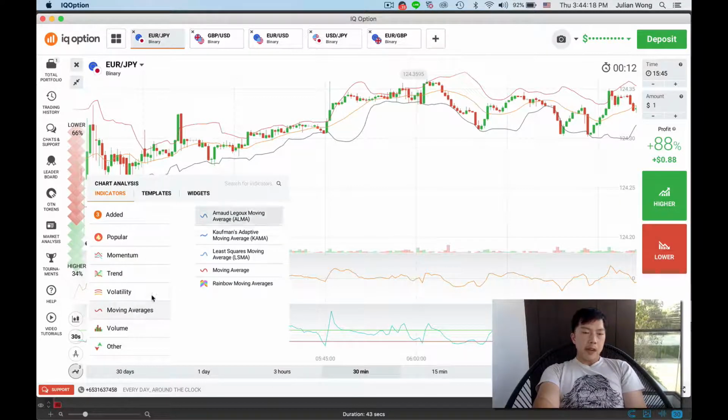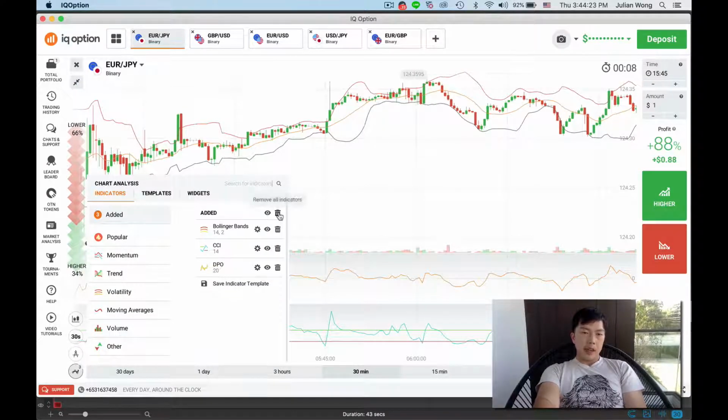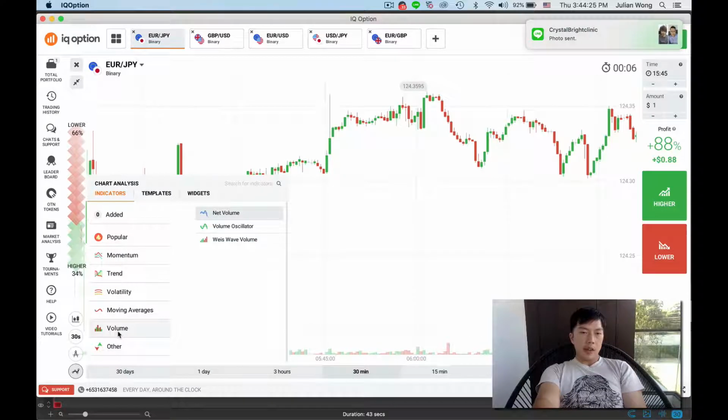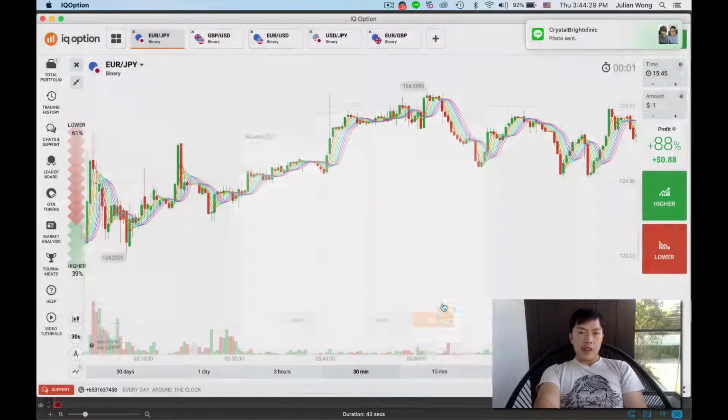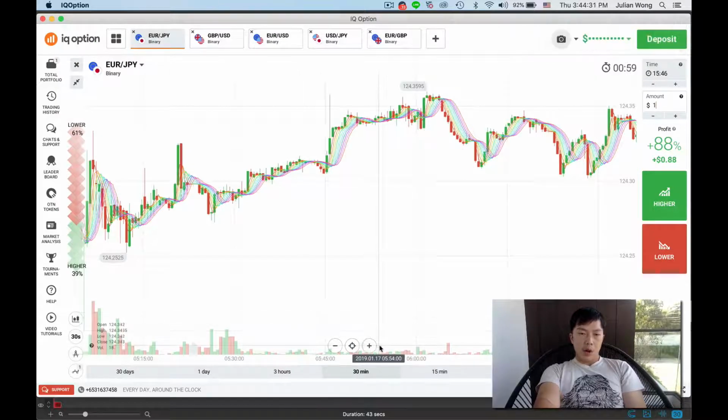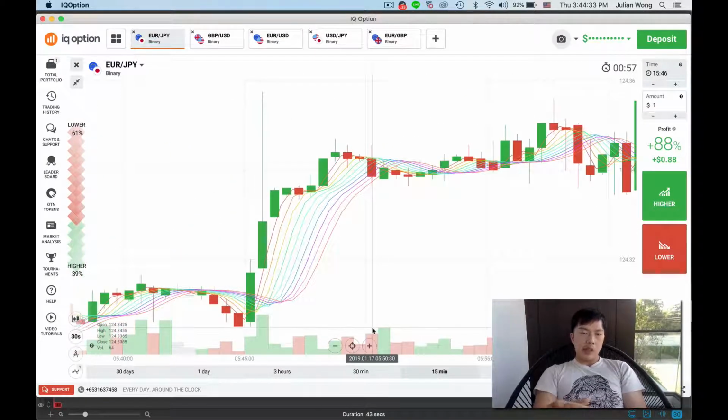And okay, this is one of the ones I was most excited about. I really wanted to see regression lines. I couldn't find it, but then I came across this. Okay, and I see rainbow moving averages. And I was like, whoa, this is somewhat like the Alligator, but because there are more lines, there's more filtering involved compared to the Alligator.